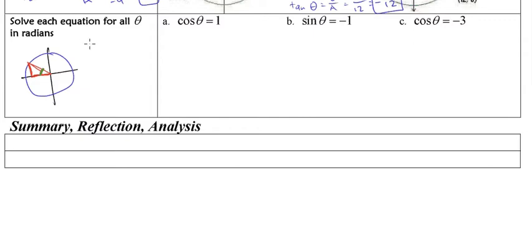And so here we go. Remember, let's write that up. Sine and cosine are periodic functions. And so it says for all theta in radians, and we'll add in degrees as well. Since we're going to solve for all theta, once we get our answer, we're going to add 2 pi, that's radians, to the answer because that's another circle around.